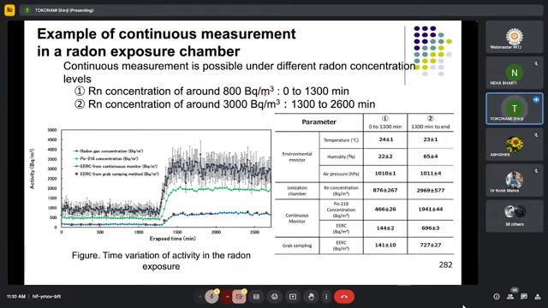This figure shows an example of continuous measurement in a radon exposure chamber. Continuous measurement is possible under different radon concentration levels. The first case, radon concentration of around 800 becquerel per cubic meter. Then we change the radon concentration up to about 3,000 becquerel per cubic meter, like this.